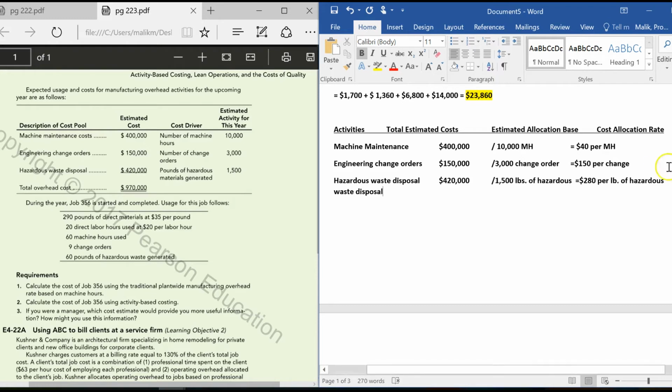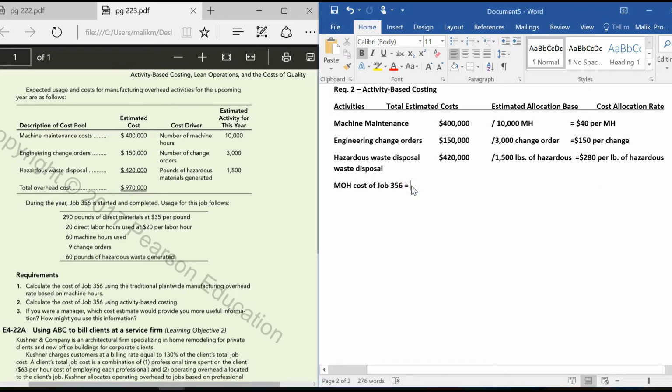Now, if we know all these three rates, we can calculate the manufacturing overhead cost of this specific job, which is job 356, and this time we will be using these specific rates and the actual amount of allocation base of job 356, which is given here.